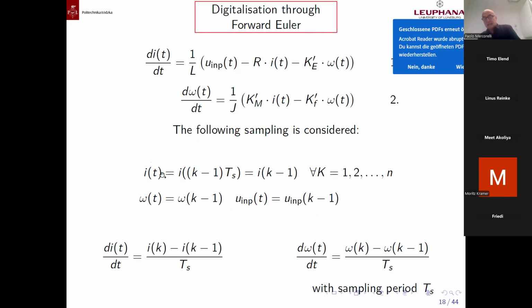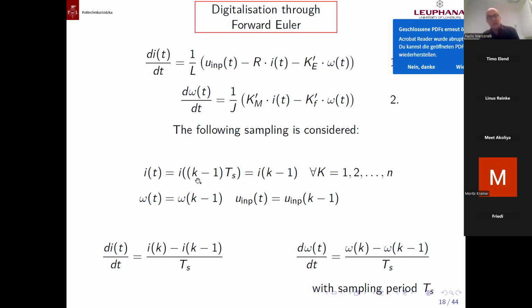If I consider the current, which is a continuous function, typically something which changes continuously over time. Keep in mind the picture which I showed you, the difference between a continuous f of t and a stepwise continuous, or stepwise constant also, because at each step it is constant.